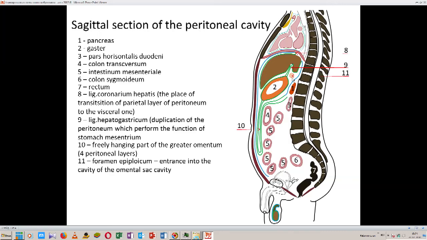Foramen epiploicum, the entrance into the cavity of omentum minus sac. So this is a special opening, foramen epiploicum, which connects the general peritoneal cavity and the so-named sac of omental cavity.